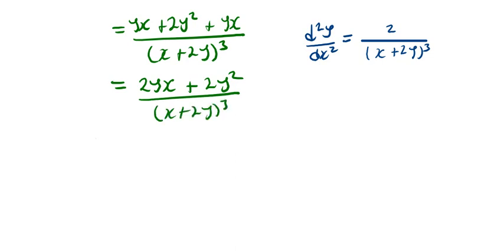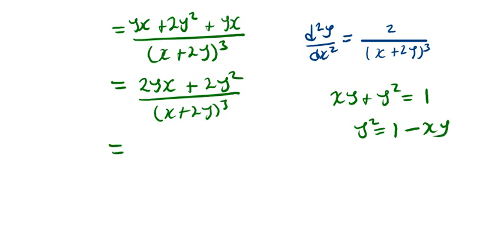So remember, our original function was xy plus y squared is equal to 1. So let me substitute where there is y squared. I write this in terms of y squared, so I'm going to say y squared here is equal to 1 minus xy.